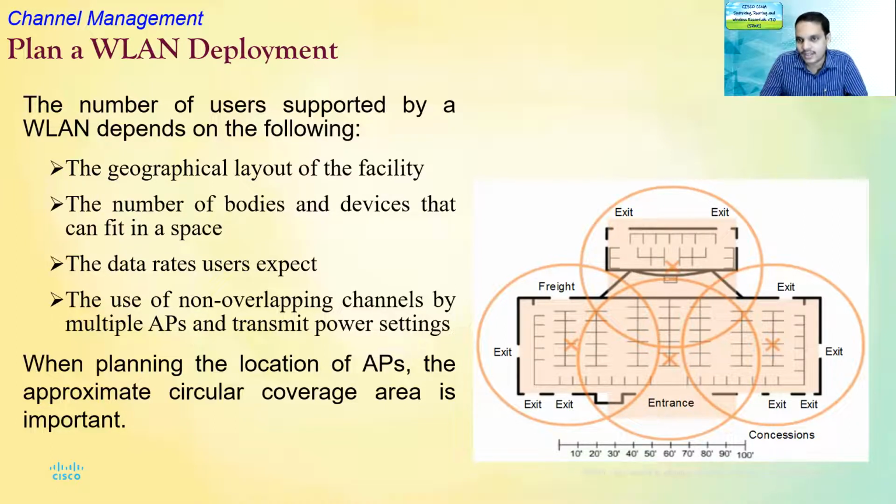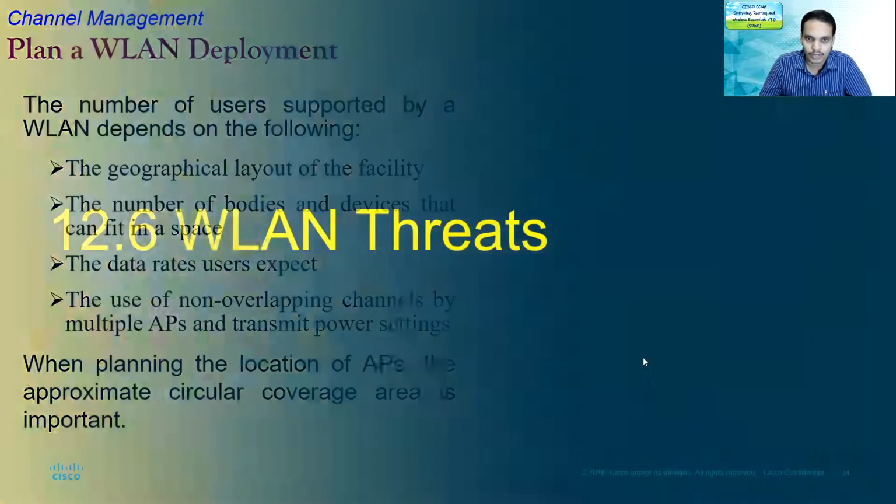You can see in this diagram, the X represents the different access point locations, and the circle shows you the coverage area of that access point. You need to make sure that all your targeted area is within the coverage of at least one access point, so that a user roaming anywhere in this particular area will still have access to the network.